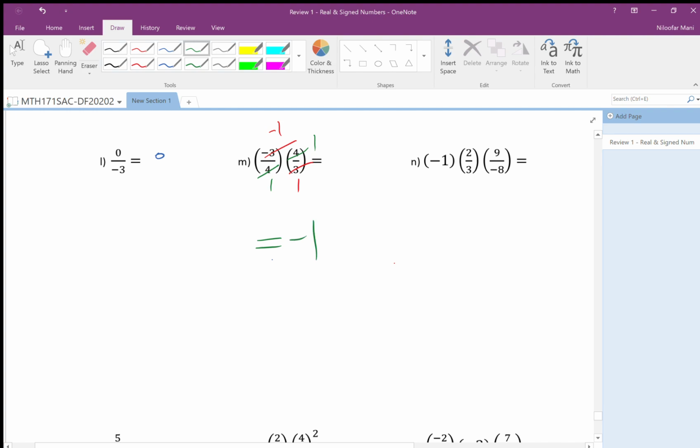How about the other? How many negatives do I see? 2. How many do I really have? 2. So it's plus. But how can I find the answer? Can I cancel 2 and minus 4? Yes, so it's minus 8, and it's 1 and minus 4. And the other one, this and this, 3.